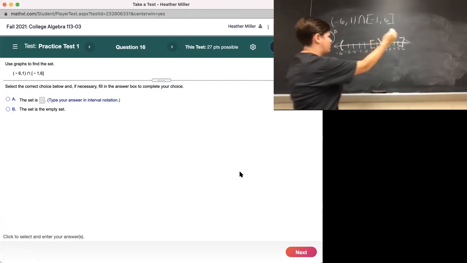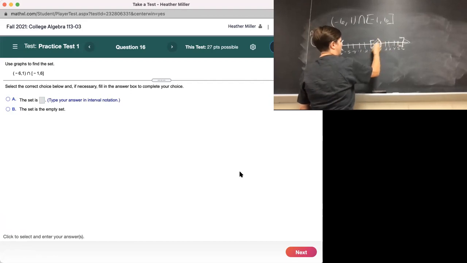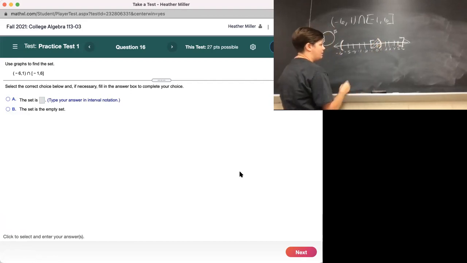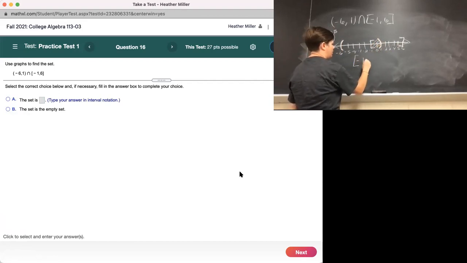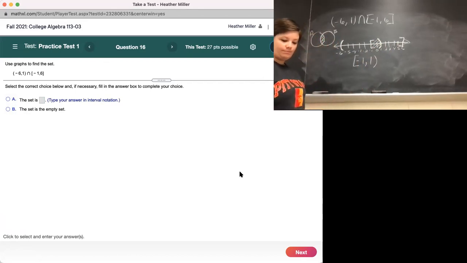So we looked at the extremities. However, when you're using intersection, you just want to know where they have stuff in common. So where do they intersect? Well, they only intersect right there in the middle from negative 1 to 1. And so that is our interval.